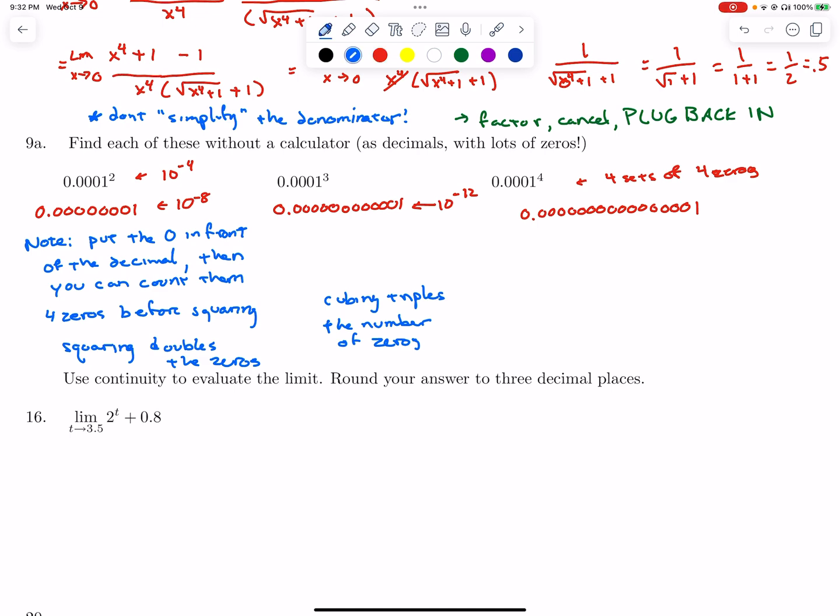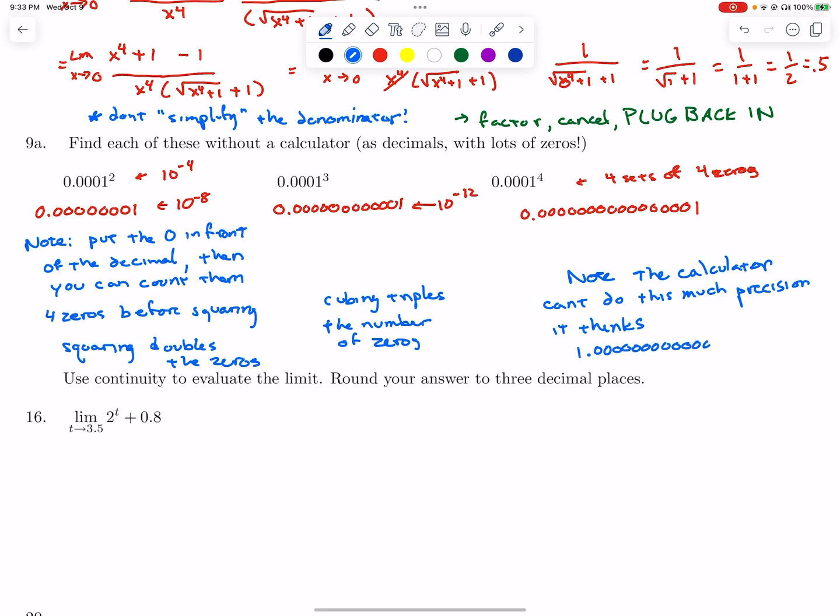So I'll write a little note. 16 zeros. It just thinks it's the number 1.